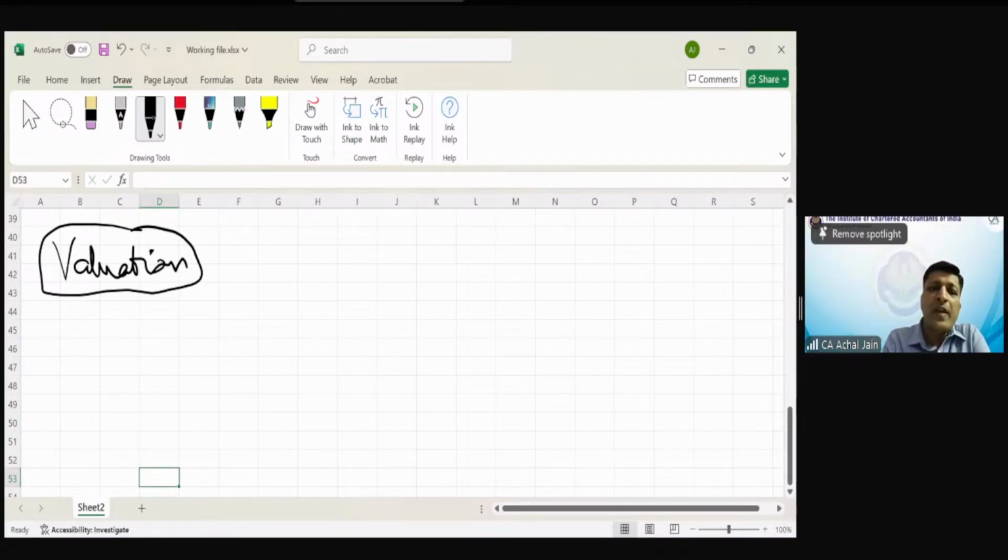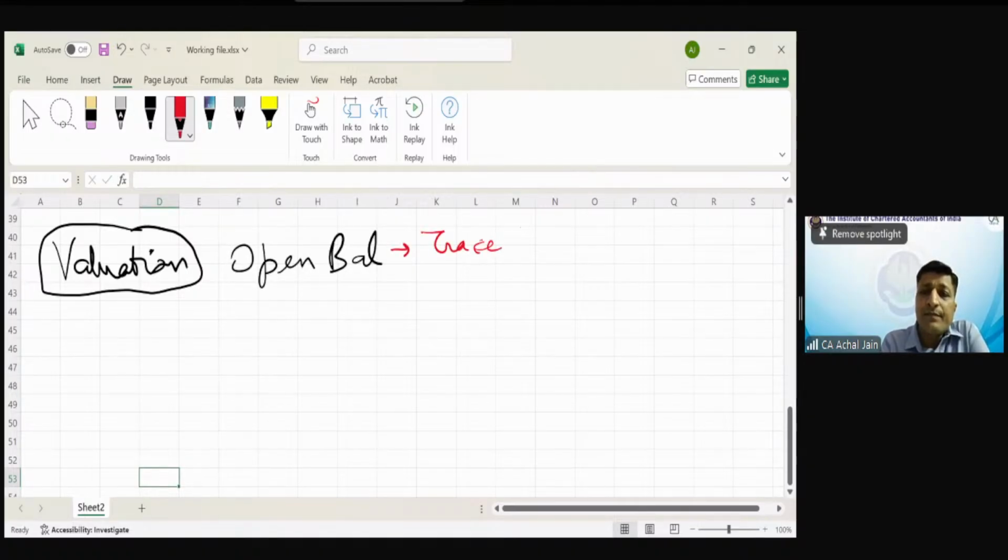So I think Prem is saying one, you can always look at the opening balance, which will be traced to the previous year's financial statements. Yeah. So with this, opening balance is sorted, checked.